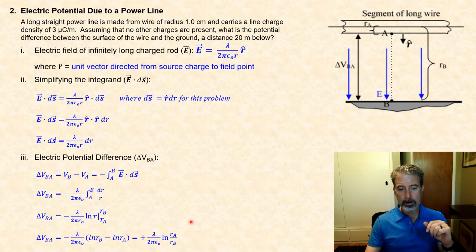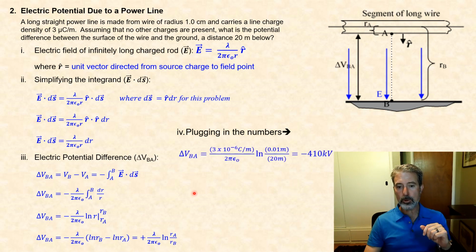When we plug in our numbers, given the linear charge density, and making sure that we use a consistent set of SI units, we find that the potential difference is negative 410 kilovolts.